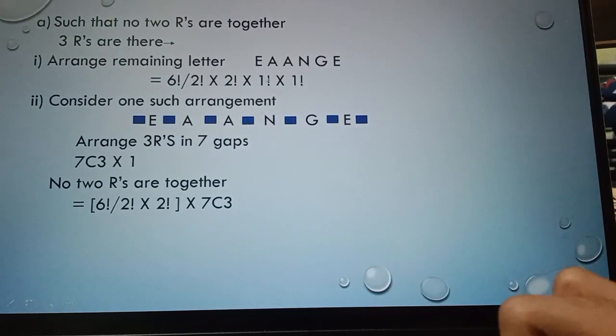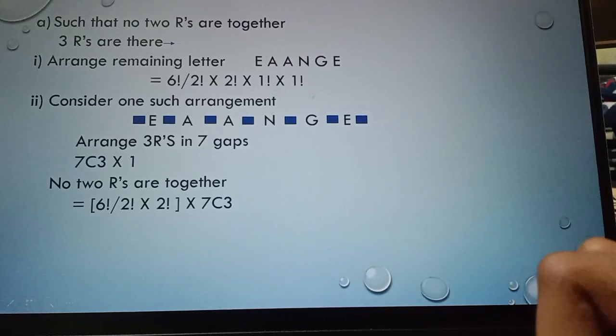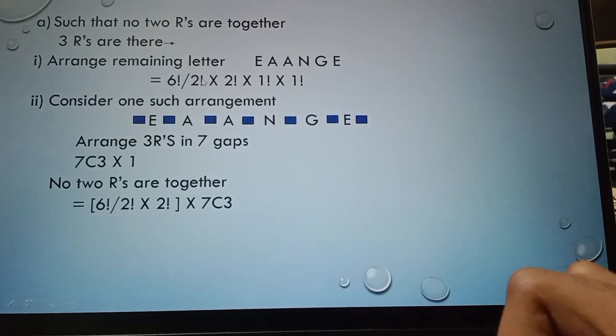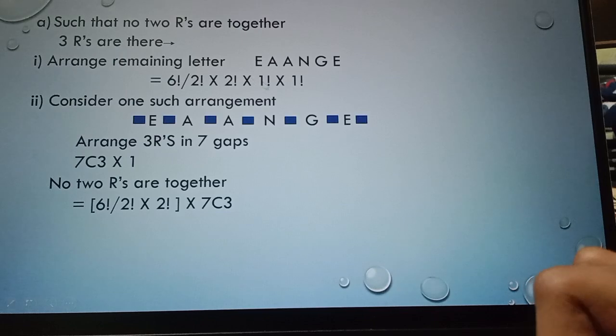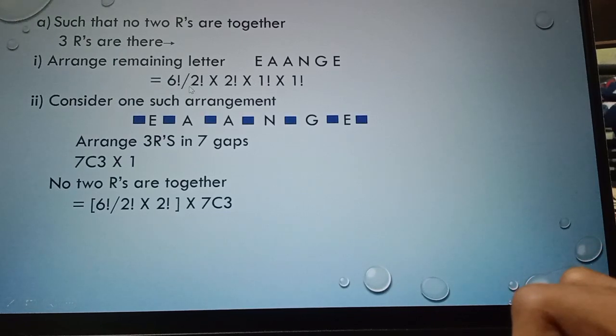There are 6 letters, so 6 factorial. A is repeated 2 times, E is repeated 2 times, and N and G are repeated 1 time each. So arranging these letters equals 6 factorial divided by 2 factorial into 2 factorial into 1 factorial into 1 factorial.